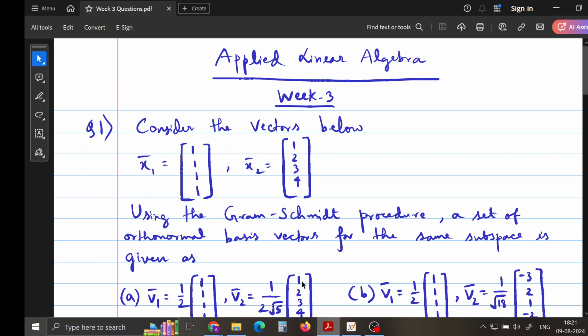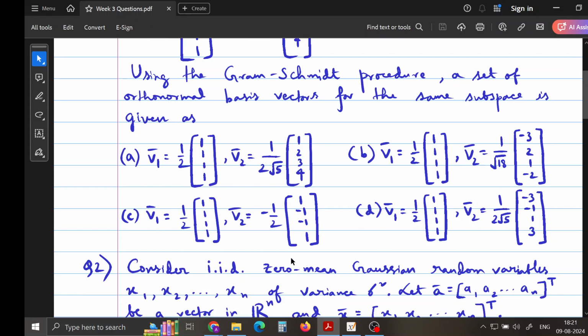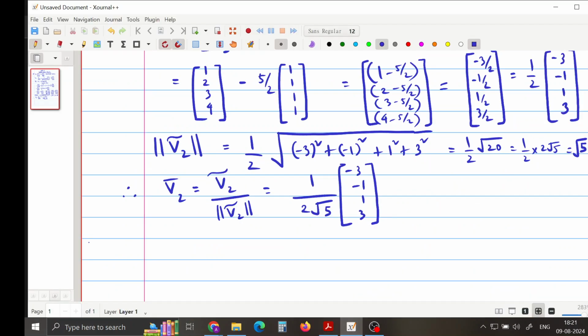And if you check with the options, it is the last option, option D. It is matching with option D. So the correct answer is option D, which is this set.